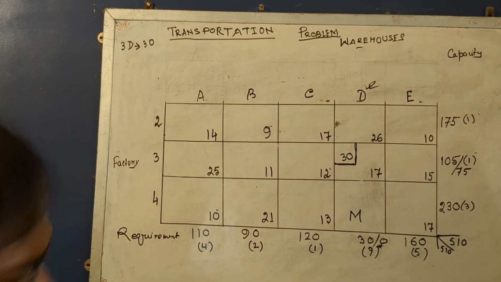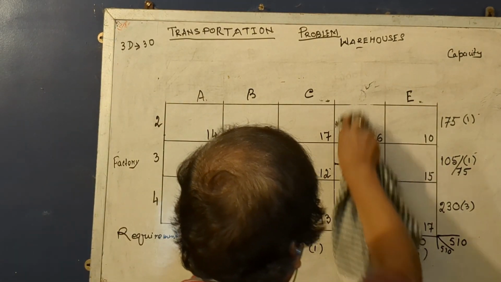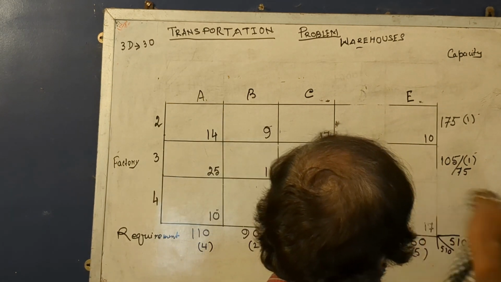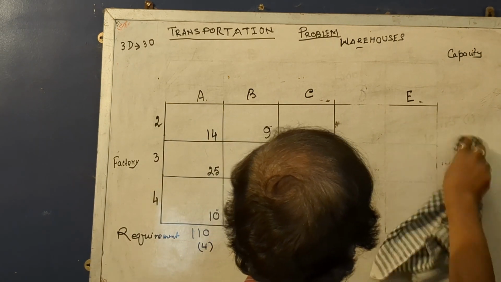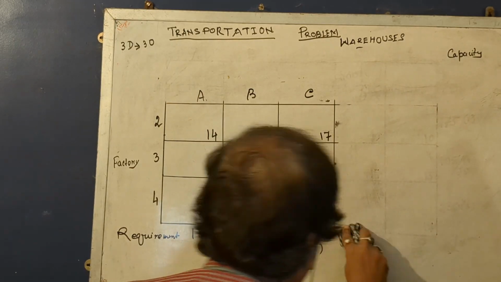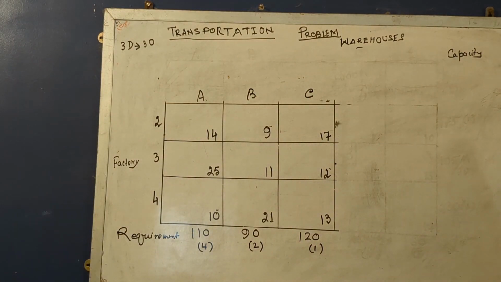Now again, I am erasing this; you will do it in your copy in a separate table. As there is a space problem here, that's why I am doing it separately.